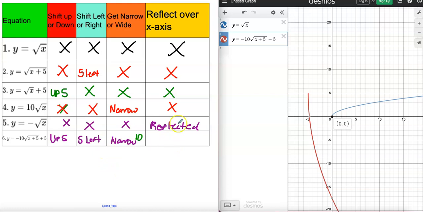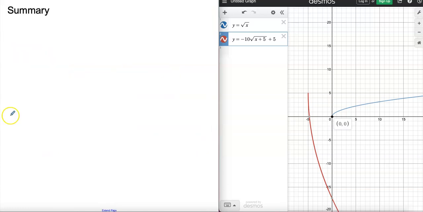And then, did it reflect? Yes. And what caused it to reflect? That's right, that negative. The negative caused it to reflect. All right, so now that we've looked at all these things, let's summarize this.